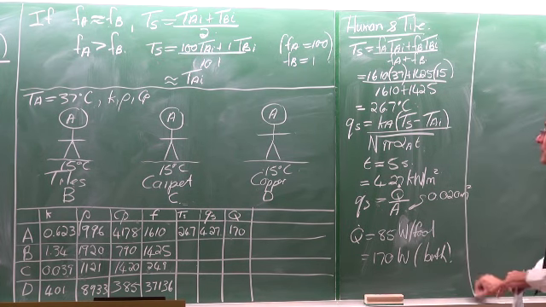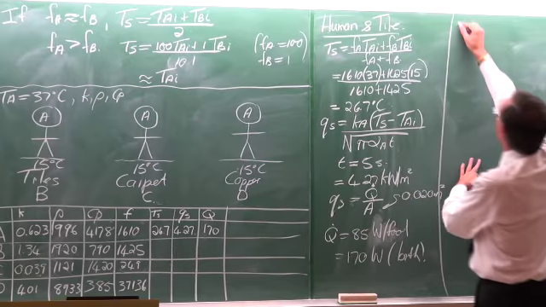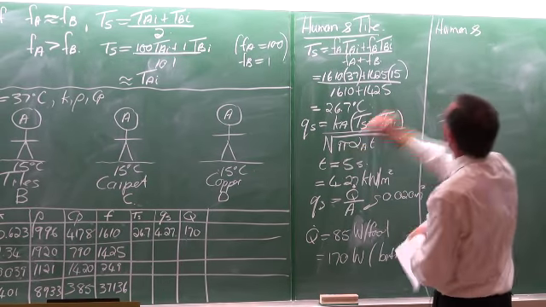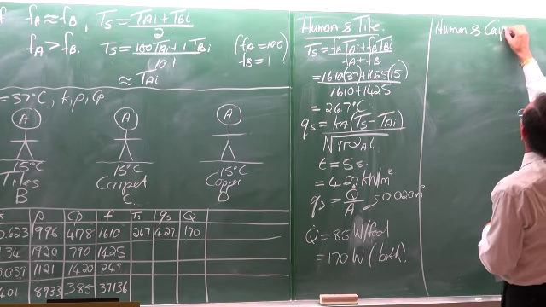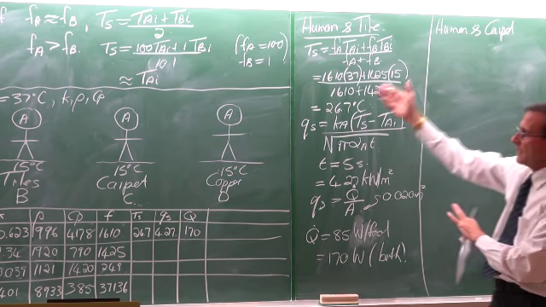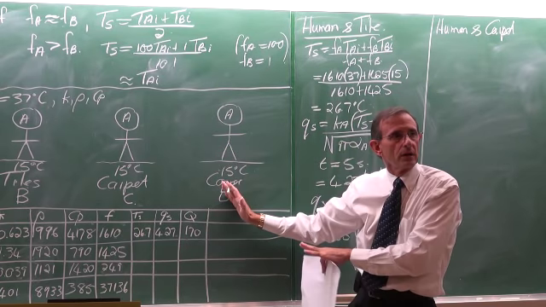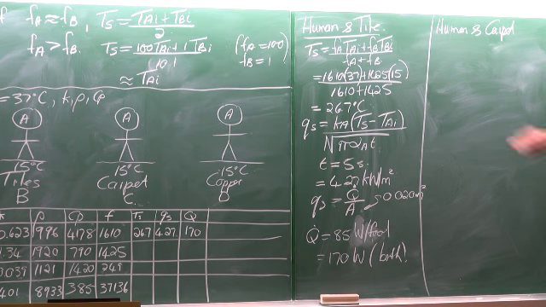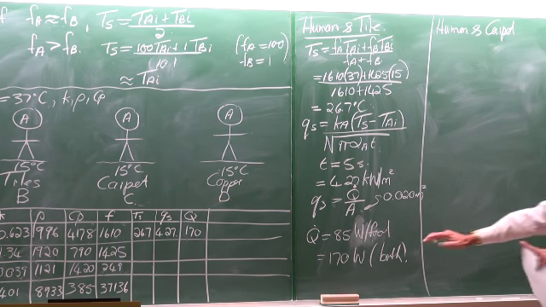Right. Now we can repeat this problem for the human and the carpet, and again for the human and the copper. Three different possible scenarios. And the calculations are elementary. Just follow the same recipe.